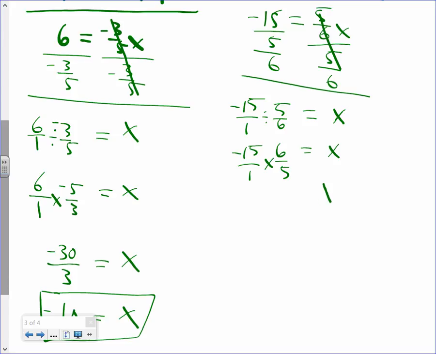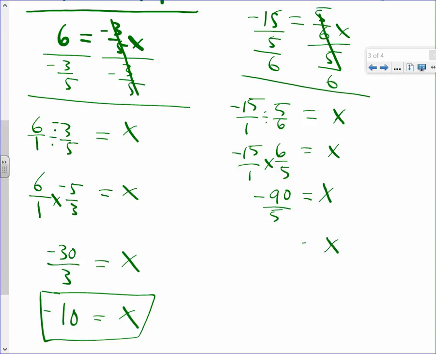All right, x is numerator times numerator, 15 times 6, negative 90 on the numerator, over 1 times 5 on the denominator. So 90 divided by 5, signs are different, so it's a negative 18. Thank you, Torres. There's our input. Remember, x represents our input.